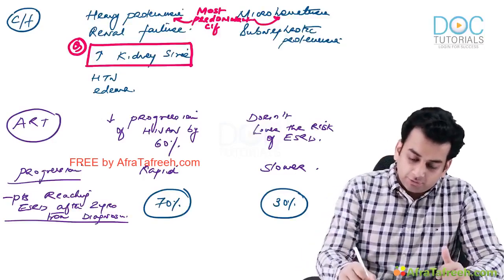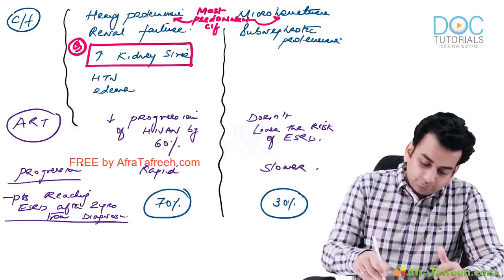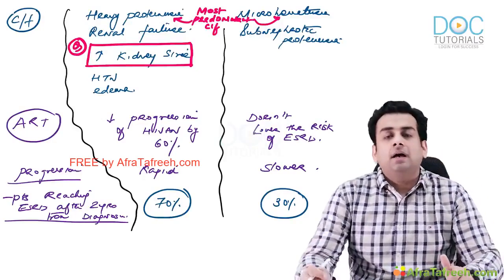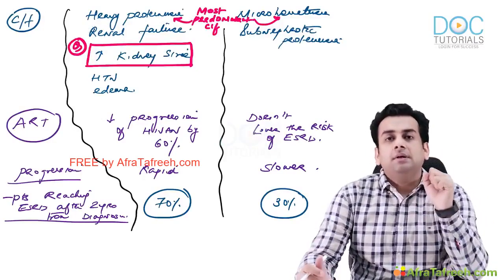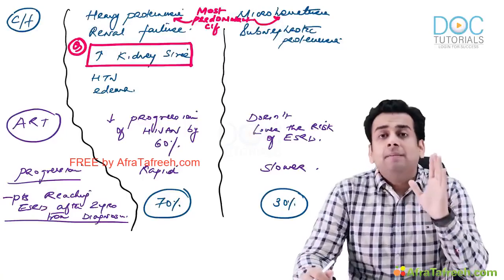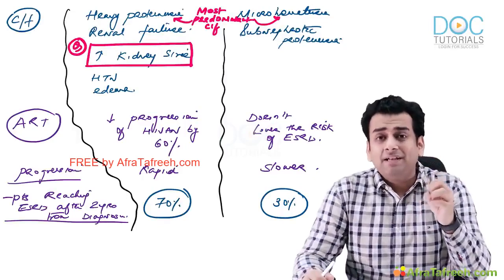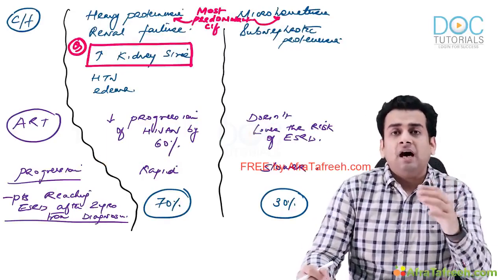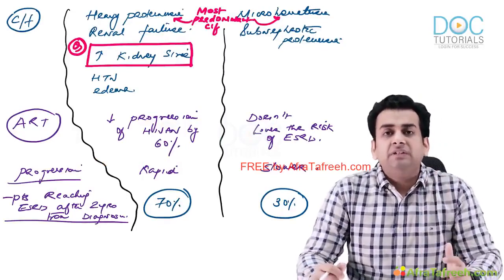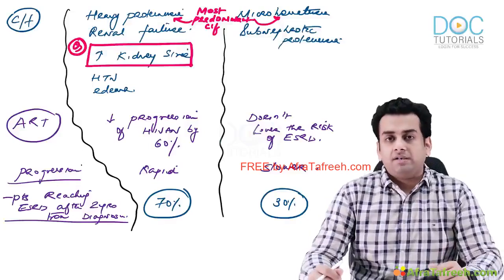So we have understood that HIVAN is a preventable disease, but it is very rapidly progressive, and approximately 70% patients reach ESRD after 2 years from diagnosis if ART is not started in time.